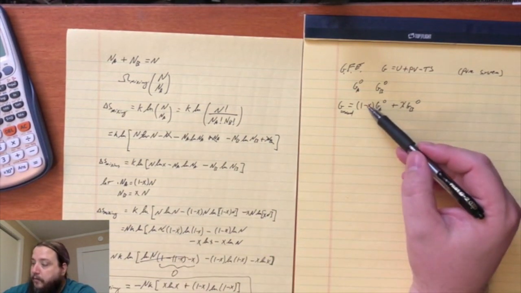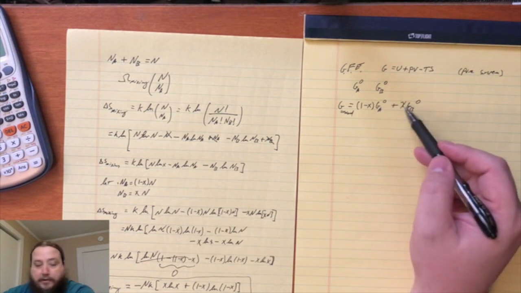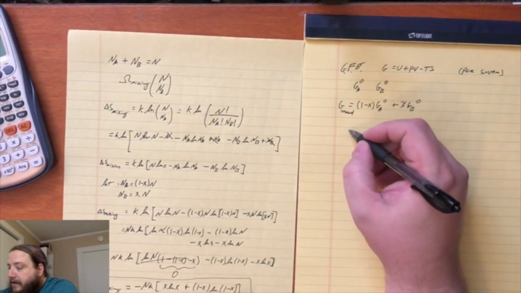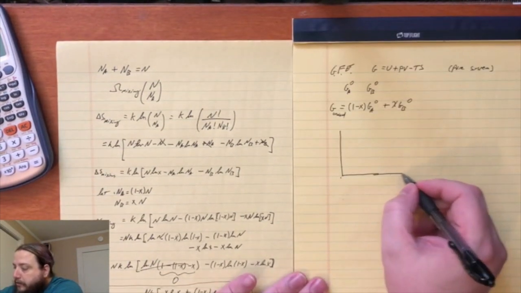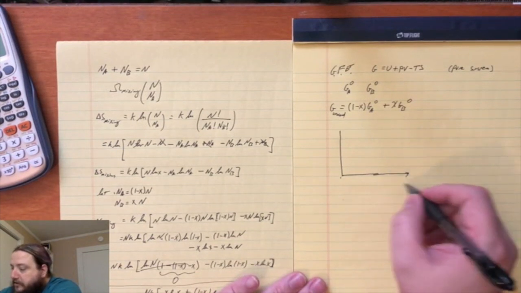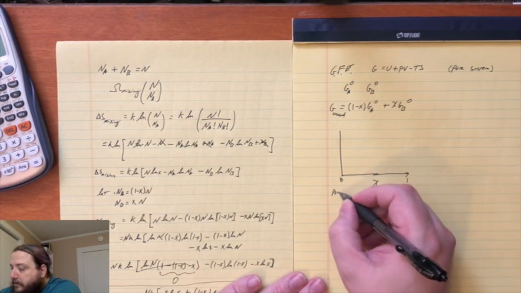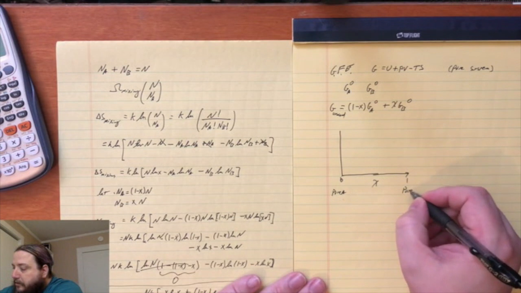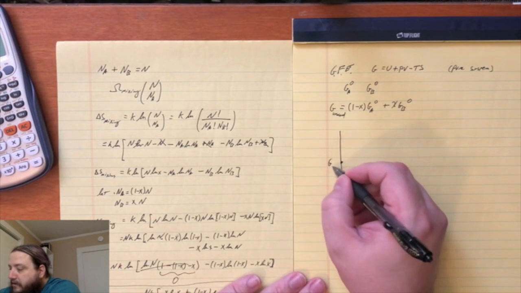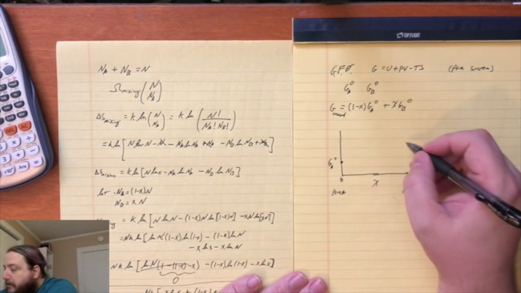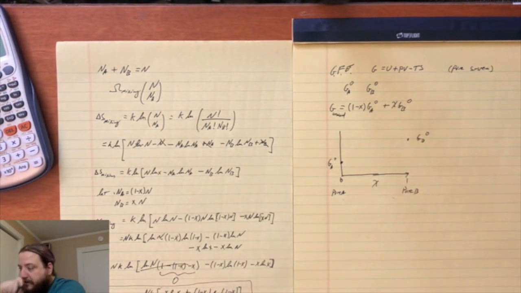A partial fraction of the amount of stuff is in A, and another partial fraction of the amount of stuff is in B. And for instance, if we write down the total Gibbs free energy as a function of our fraction, from 0 to 1, where this is pure A on the left and pure B on the right, and this is GA naught over here, and we'll say this is GB naught over there.